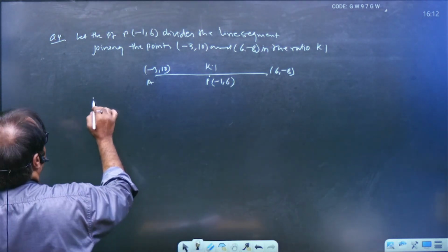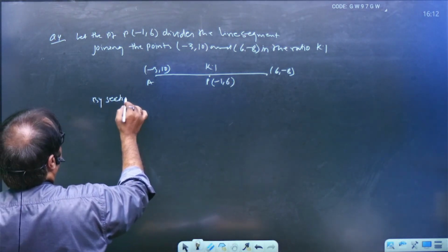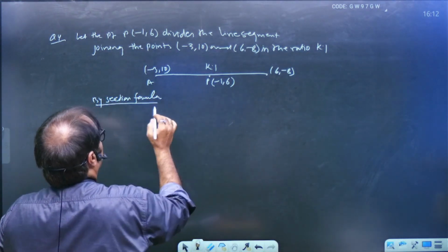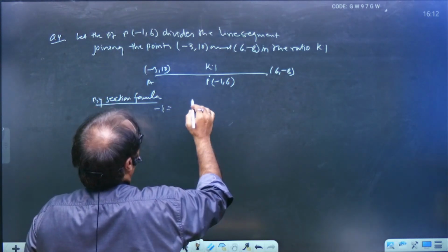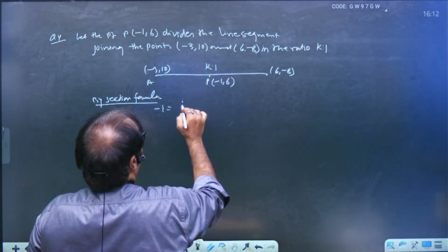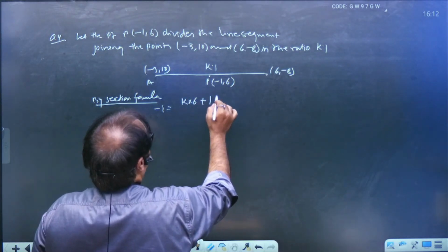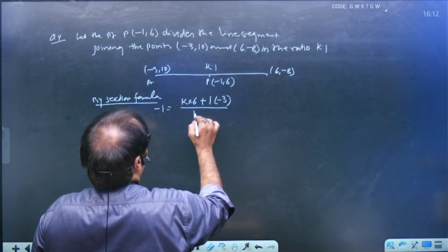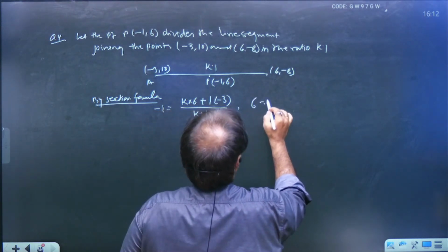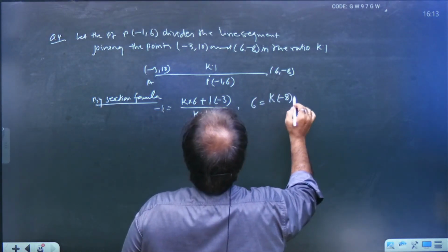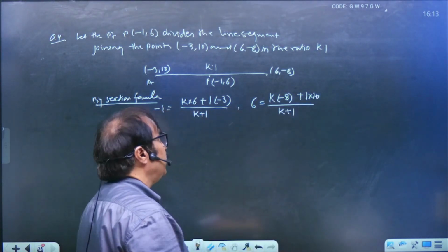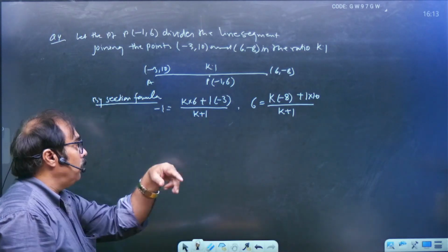So by applying the section formula, -1 is equal to mx2 plus nx1 upon m plus n. So m is k and n is 1, so k into 6 plus 1 into -3 upon sum of the ratio k plus 1. And now y, 6 is equal to k into -8 plus 1 into 10 upon sum of the ratio k plus 1, right? And now find the value of k.